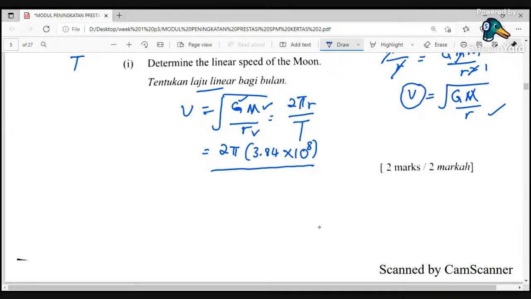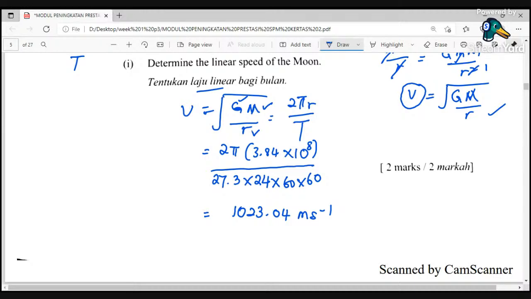So 27.3 tu you kena convert to second. 27.3 days, one day ada berapa hours? 24 hours. 1 hour 60 minit, 1 minute 60 second. So ini proses untuk convert kepada second. Okay. So you calculate ni, you akan dapat 103.04 meter second to the power negative 1. Okay, dapat. Ini adalah linear speed.